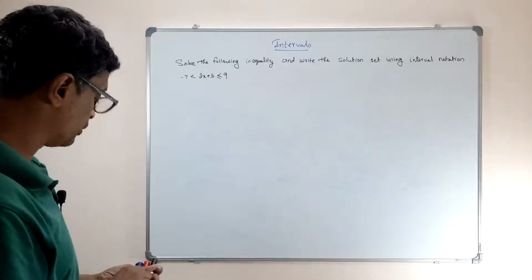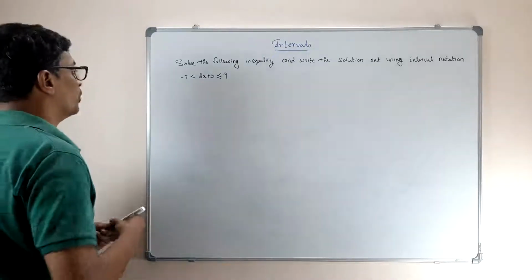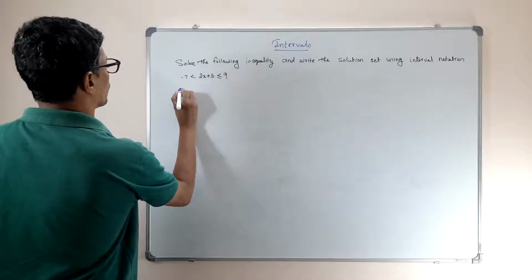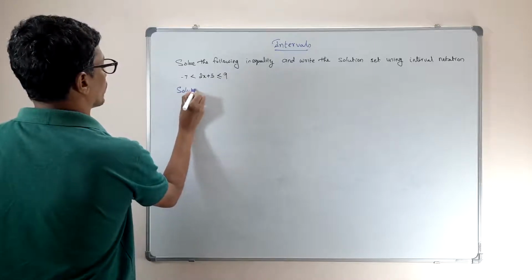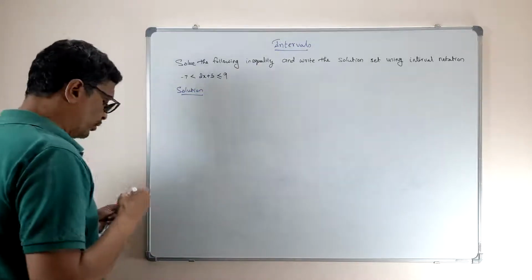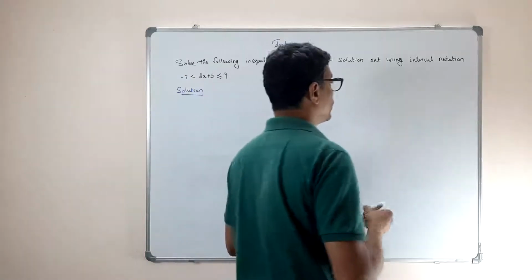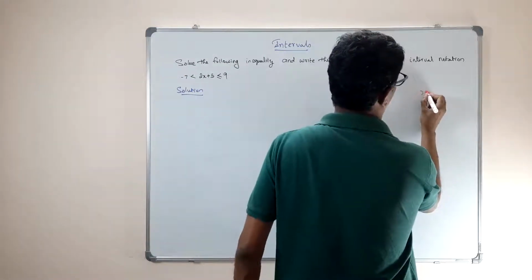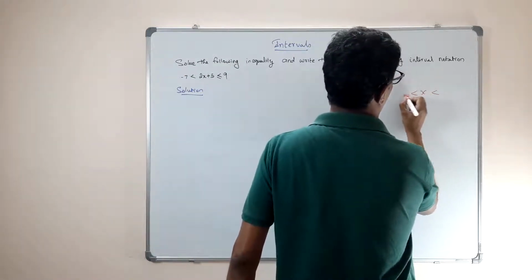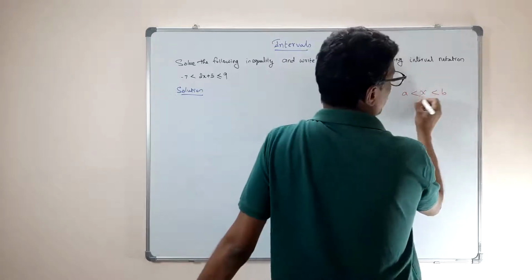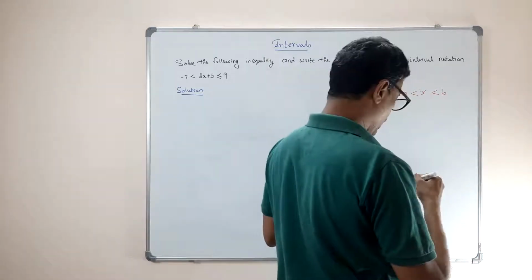So how are we going to do this problem? Basically, the solution: we have to get it in this form, maybe something like x is greater than A, less than B, maybe less than or equal to also will come, maybe in closed form.